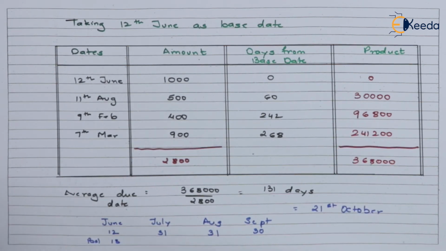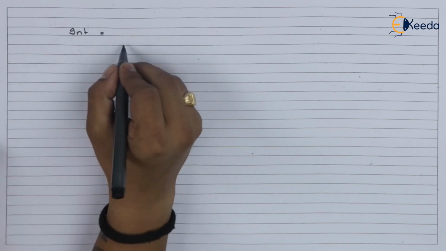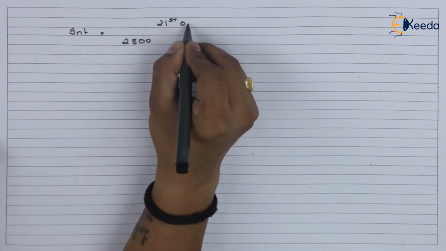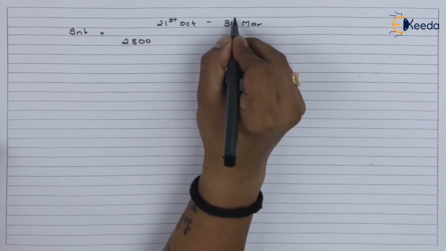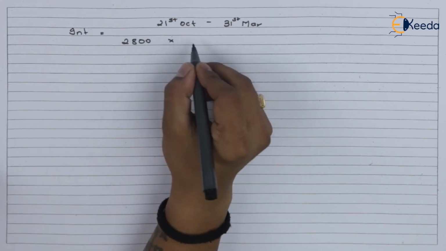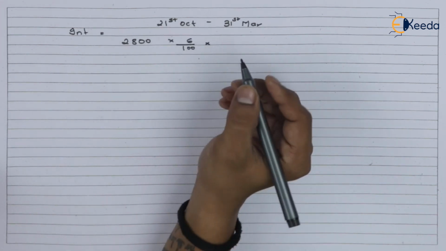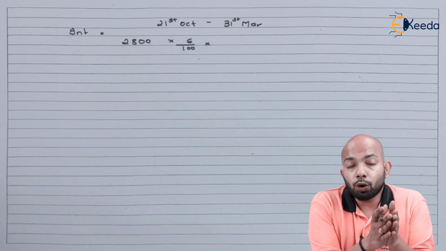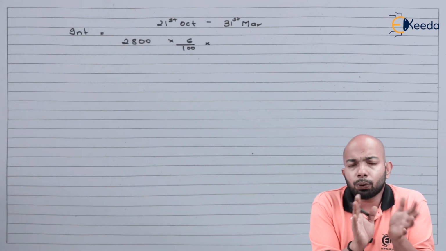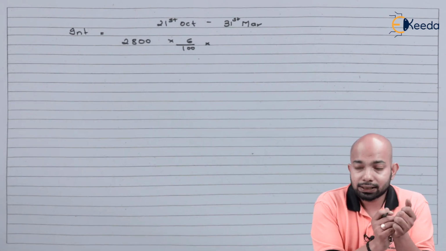So if 21st October is the due date, let's figure out how much interest is supposed to be charged from 21st of October until 31st of March. From 21st of October until 31st of March, we have approximately around 161 days.